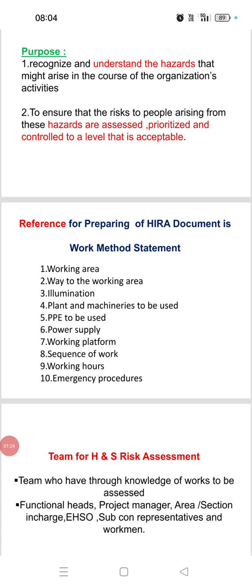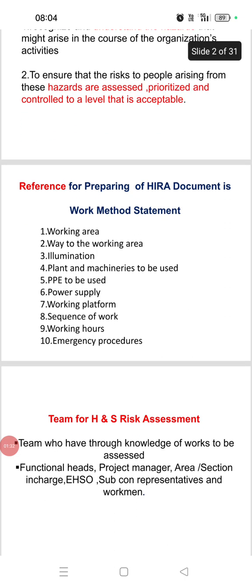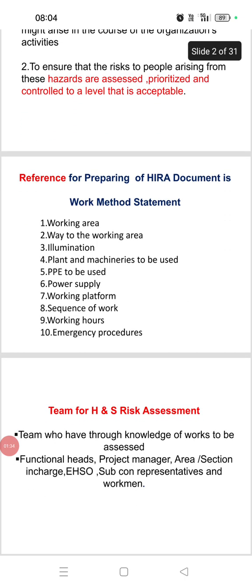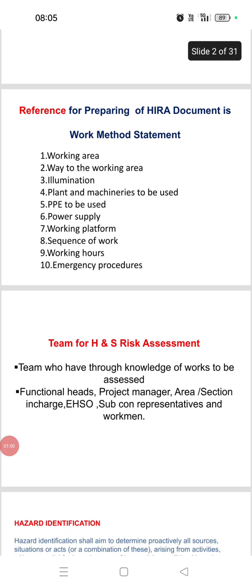It also covers where they are going to work, like a working platform, ground level, or scaffolding, the sequence of work and working hours, whether it is a day shift or a night shift, and finally the emergency procedure. These all details will be there in the work method statement. So we have to refer to this work method statement before preparing the hazard identification and risk assessment document.